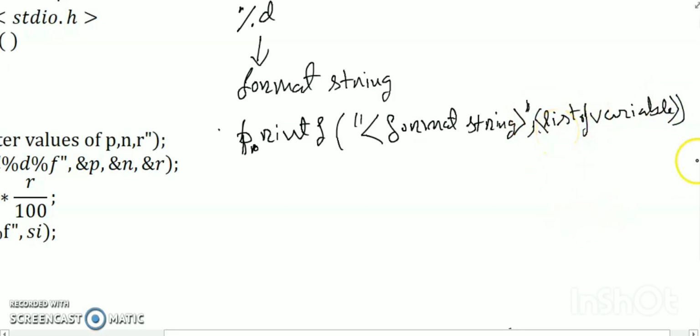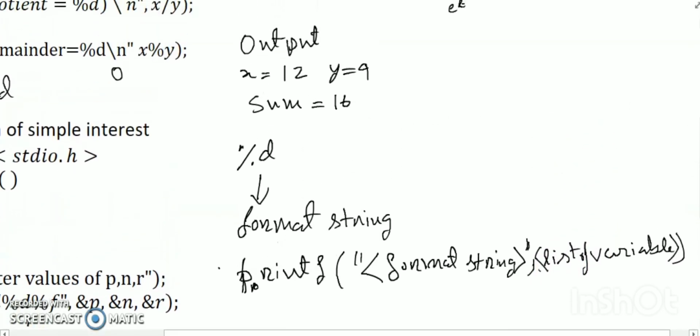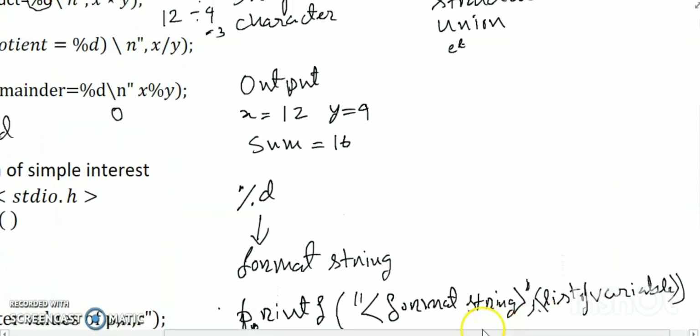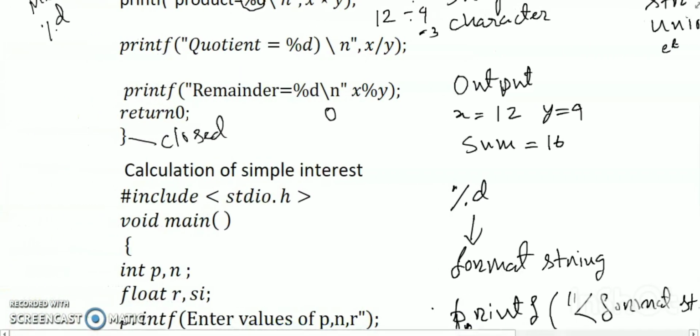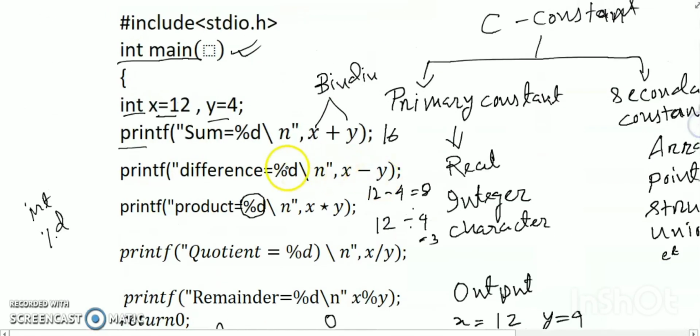So friends, you can check the same facts here. When we use the format string, you see the double quotes here, and I just marked this portion in red color. This portion is my format string, and this portion is my list of variables.